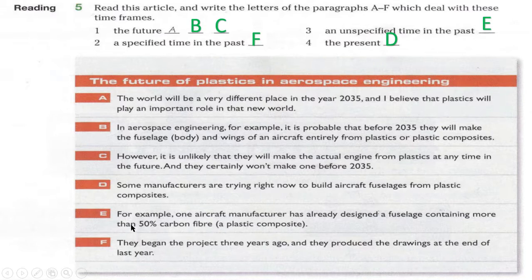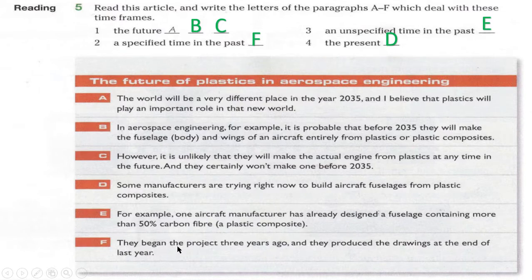For example, one aircraft manufacturer has already designed a fuselage containing more than 50% carbon fiber, a plastic composite. We are talking about an unspecified time in the past. We didn't know when.